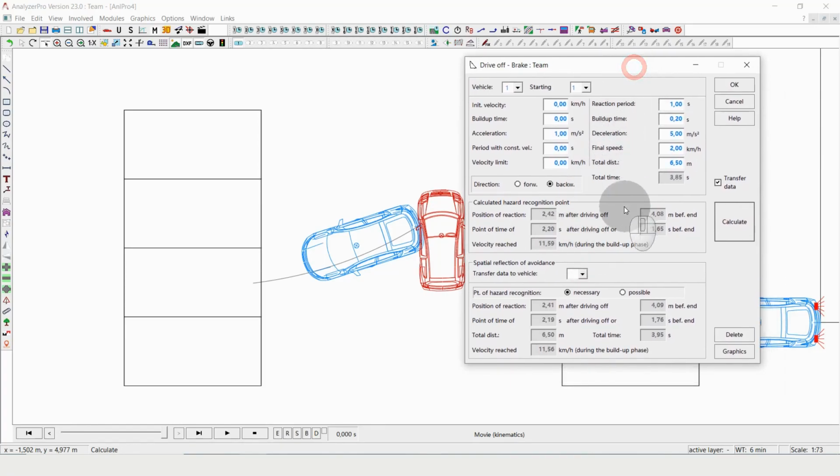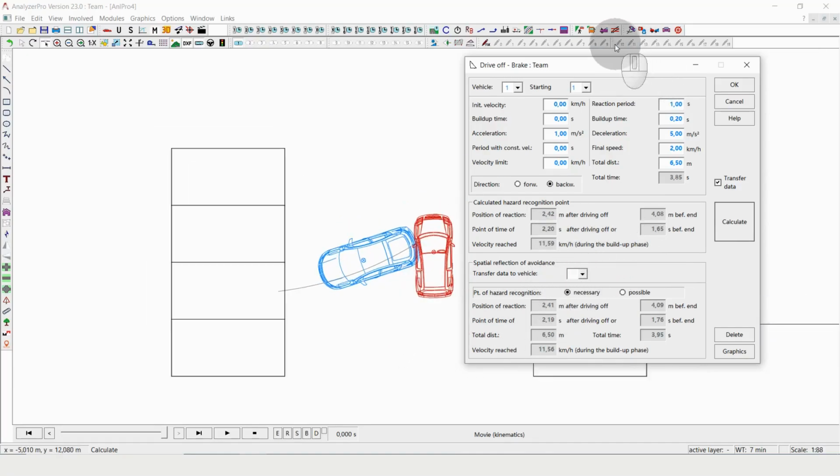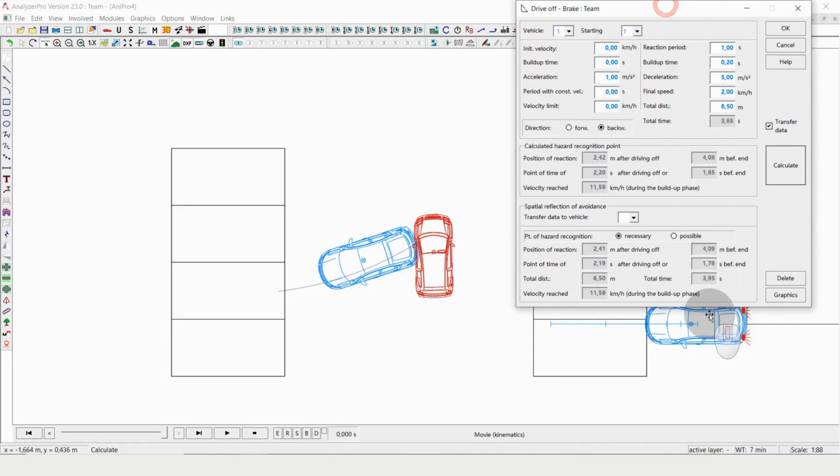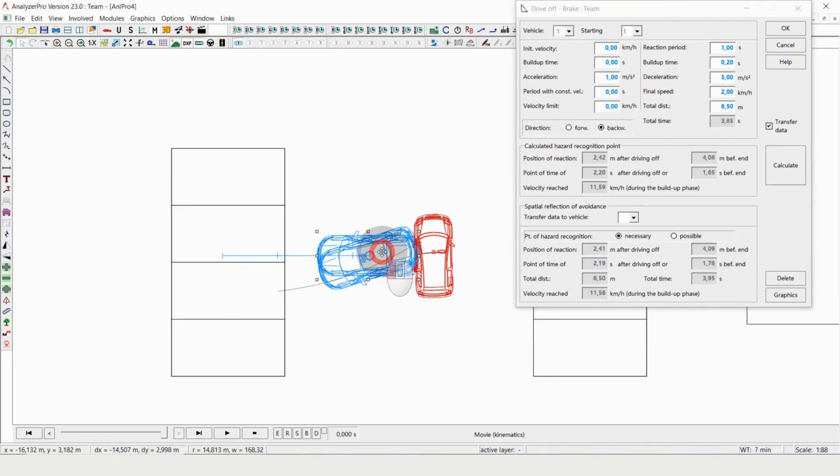I immediately get a lot of results here. So I get the position of reaction, 2.42 meters before starting or 4.8 meters before ending. The same with the time, the maximum velocity reached, which is 11.6 km/h, and so on. And we also get a vehicle over here that I can now adjust.